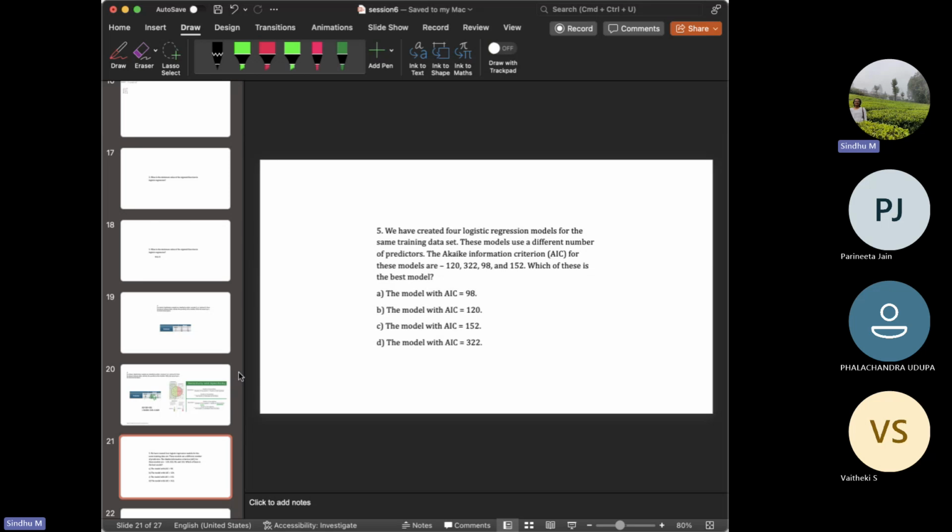And if the fitting is better, then the value will be lesser. So the lower the AIC value, the better the model. A lower AIC value means that even with fewer parameters, the model is doing a good fit. So based on this, now you can try to answer the question.